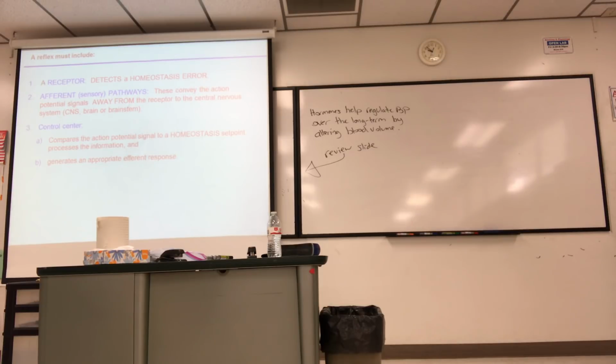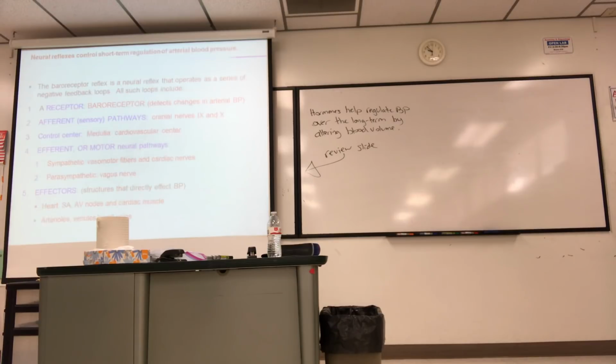Some brain center function that compares the action potential input to a set point. It processes it, gathers information, and you mobilize an appropriate efferent response. Okay, so you need the motor pathways. You need afferent pathways and efferent nervous pathways. And you need effectors, organs to affect, that will correct the homeostasis and restore your set point.